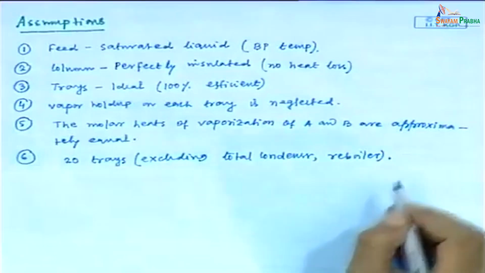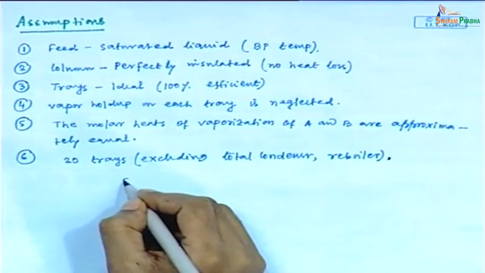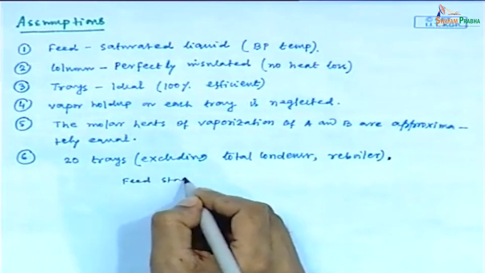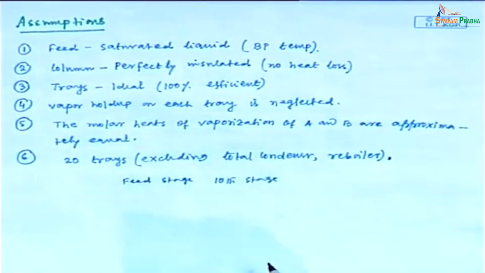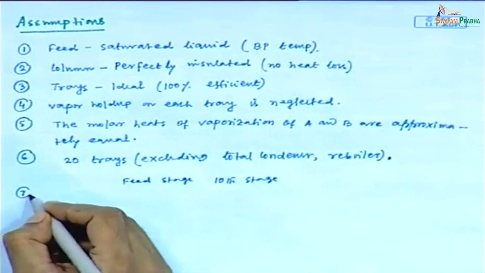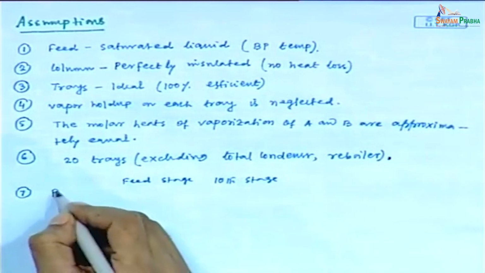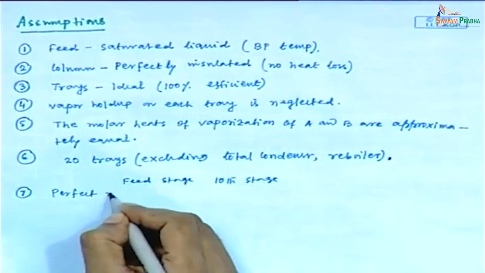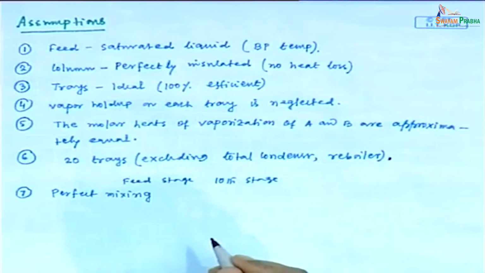Another thing we can include is that the feed stage is the 10th stage. The feed enters the column on the 10th stage. The next assumption is perfect mixing on each stage.